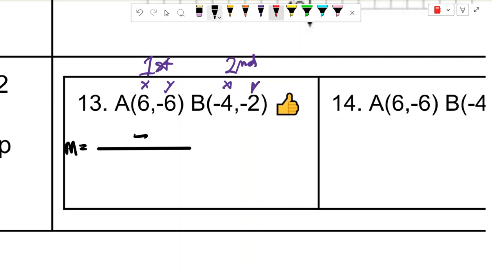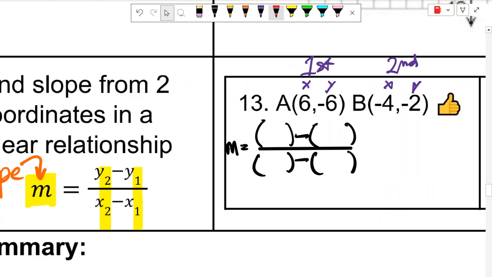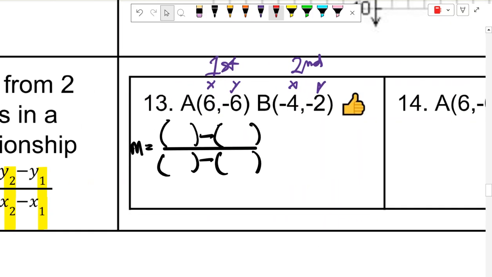We have a subtraction sign here and a subtraction sign here. We're going to use the substitution property. So we're going to build our parentheses for all of our numbers we're going to insert. And then we're going to start filling it in. And the very top left, if you look back over here, it's y subscript 2. That means the second y goes in that spot. Well, the second y in our case is right here, -2.